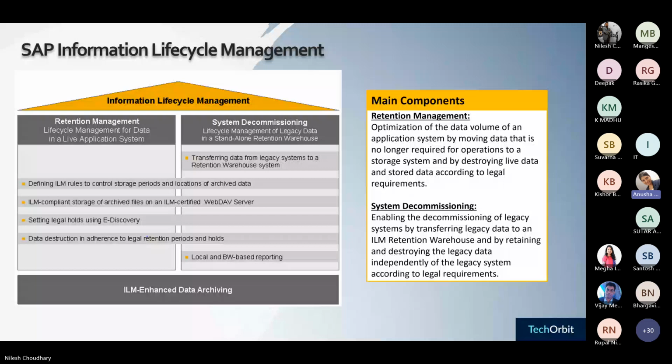In that case, you can use SAP ILM for smooth migration of data from your legacy ECC systems to your HANA system, and it also helps you to decommission the legacy systems which are no more required for the client. Okay, next slide, please.